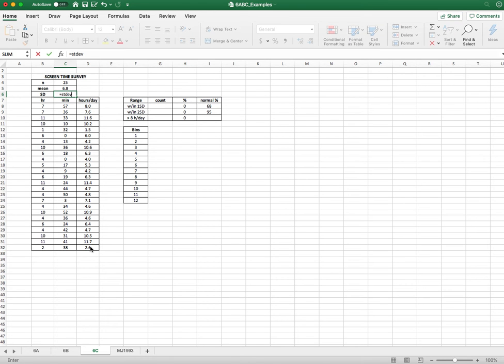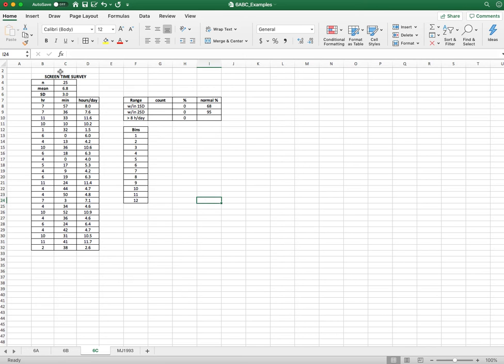So in Excel, it's equals STDEV for standard deviation. And then we, again, highlight the range of values. And so we get a standard deviation of 3. So a mean of about 7 with a standard deviation of about 3. I always like these to have the same number of digits, so I'll make it like that.